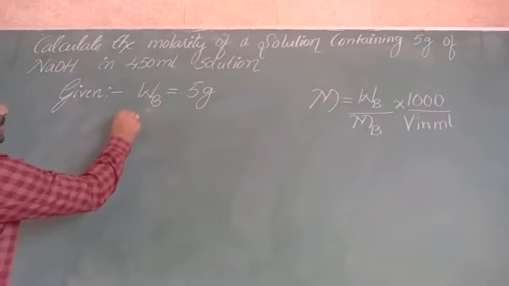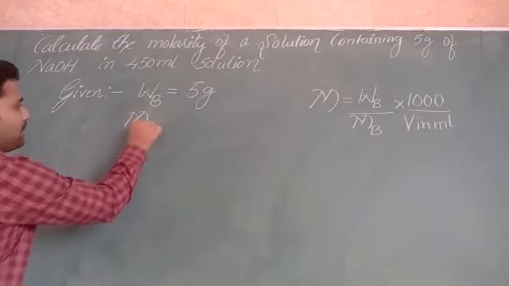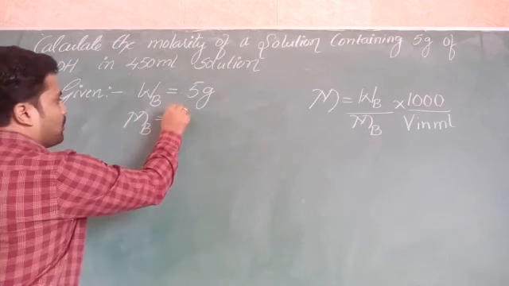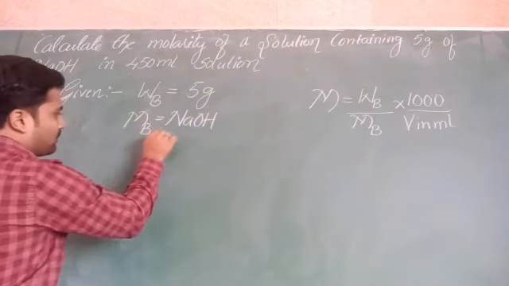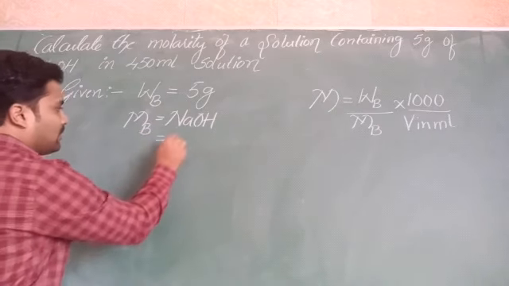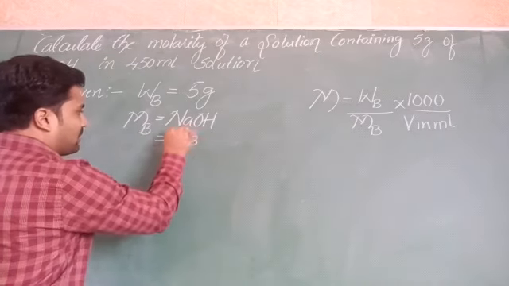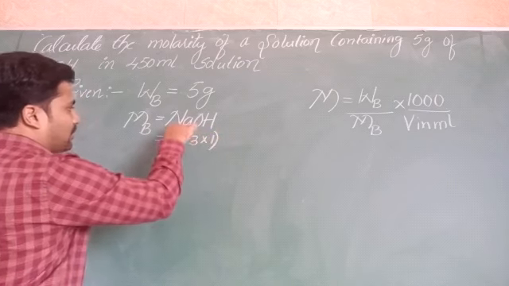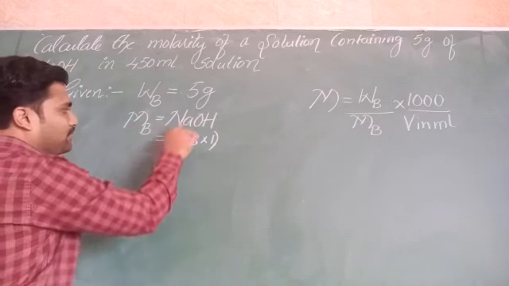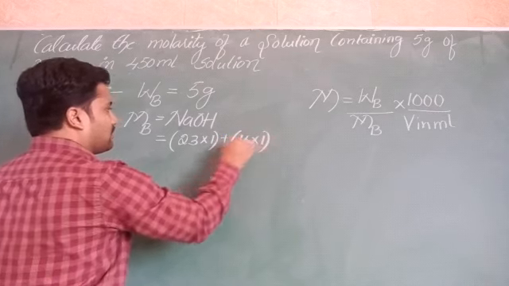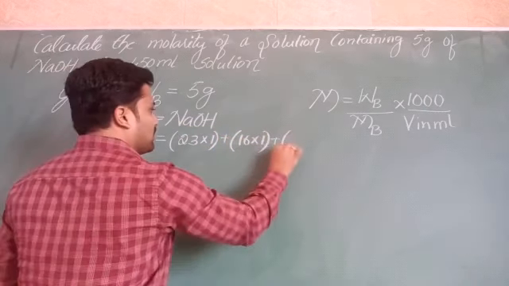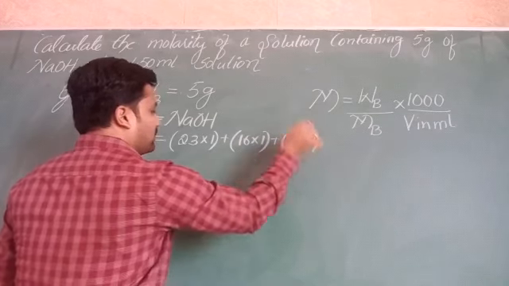Next you need to calculate MB, that is molar mass of NaOH. How to calculate? Sodium is 23, it is 1 here, plus oxygen 16, it is also 1 here, plus hydrogen 1, and it is also 1.